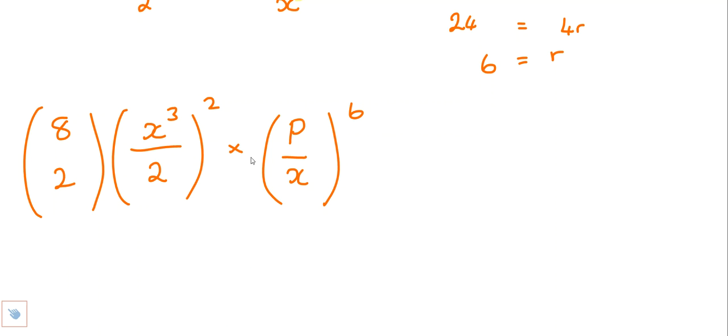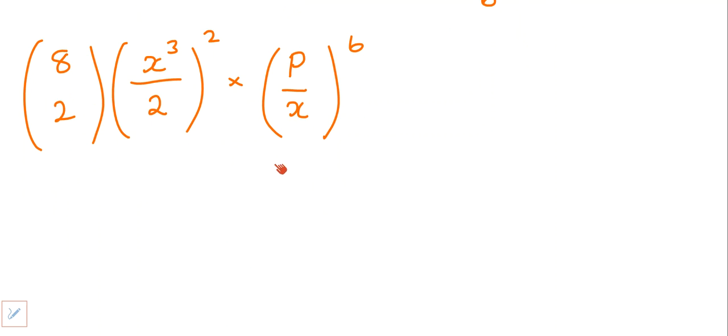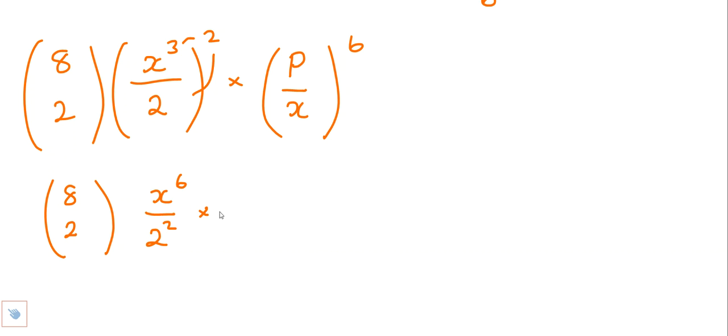Now, just to show you that that will be the constant term, if I expand, so the power and the power, I've got 8, 2, and it becomes x to the power of 6 over 2 to the power of 2. Don't fall into the trap of saying it's 2 to the power of 6, because you would make a mistake. Times p to the power of 6 over x to the power of 6. So this is the stage where my x's cancel out.